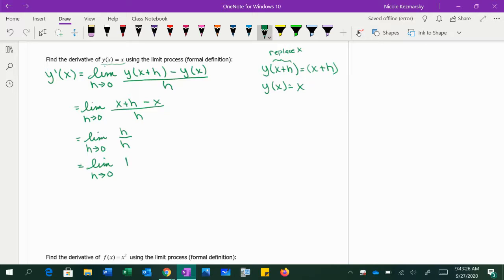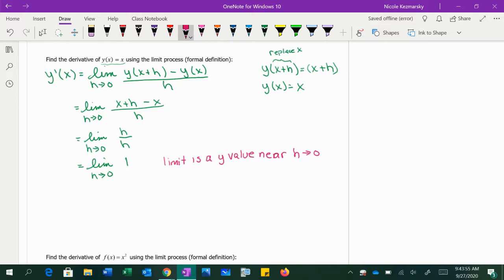And now we're going to evaluate a limit. The important thing to remember is a limit is a y value near h approaches 0.